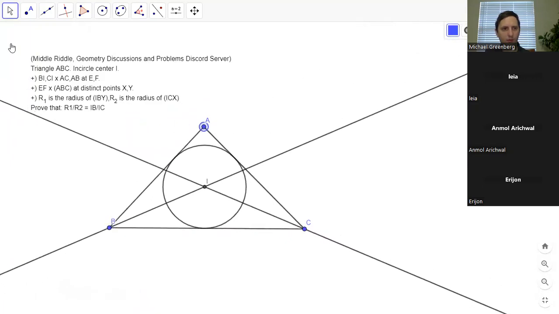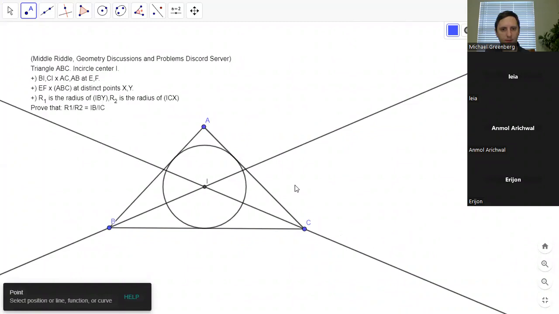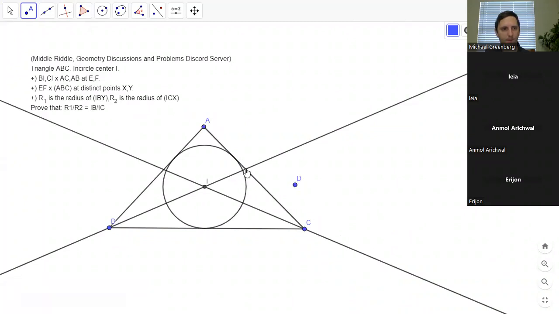Okay, so let's draw those, E and F, and EF intersects the circumcircle of ABC at two points, X and Y.